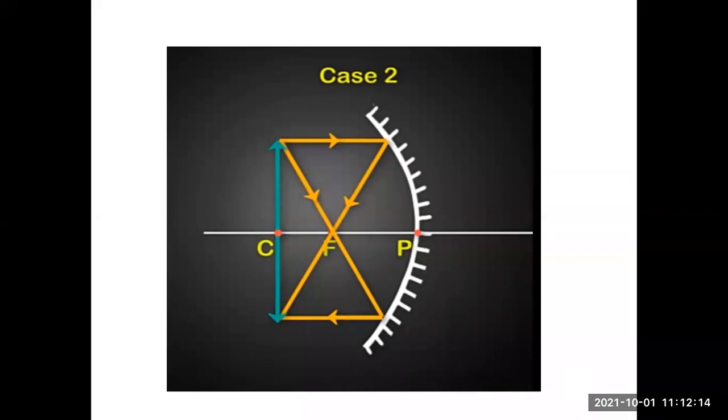It is inverted, as the arrow is headed upwards for the object and downwards for the image. It is real. What is the size of the object and image? It is the same. The size of the image remains the same as that of the object.